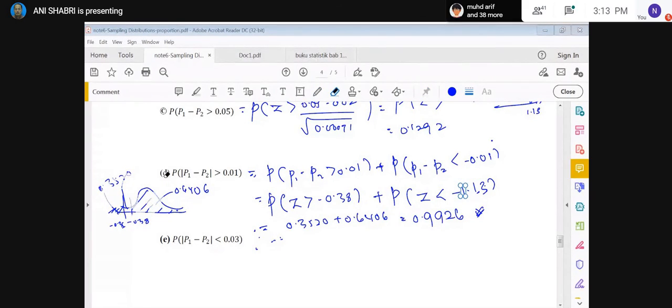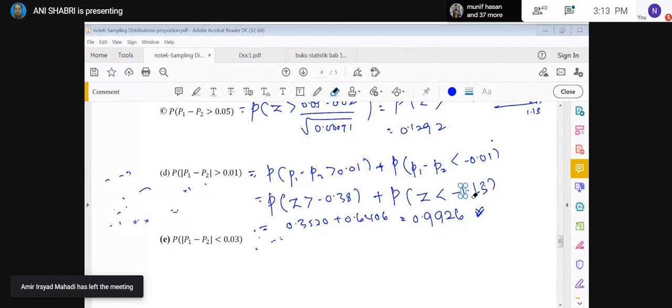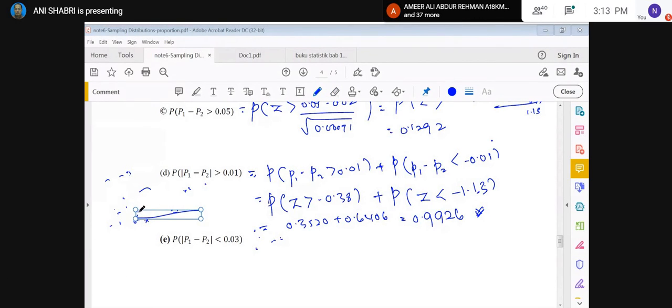This one wrong. Okay, the area is from negative.